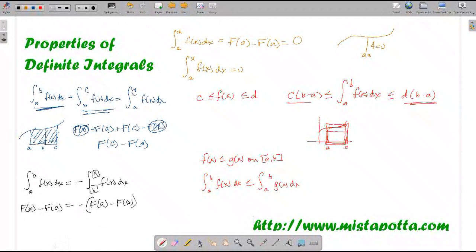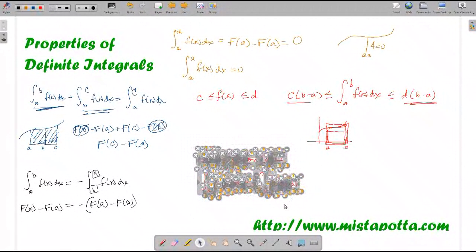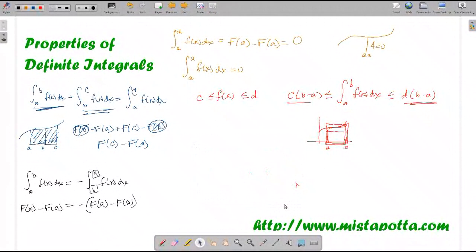If I want to think about this from a geometric sense, what I really want to do is think about it as if I'm finding the area under the curve, then what I'm really doing is I'm looking at areas where these distances are going backwards.